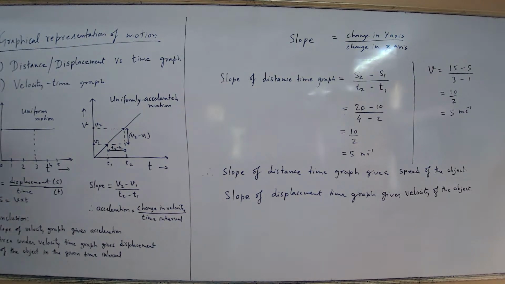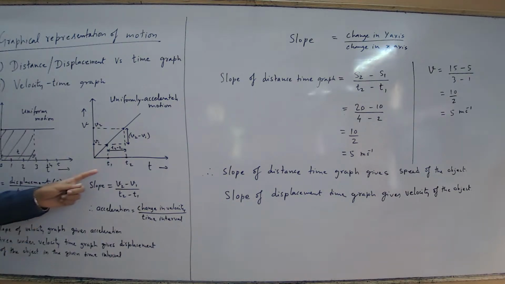Now this is your velocity V, and this is your time. So for this rectangle, the area of the rectangle, V into T, is the displacement. What is V into T? Area of the graph under this time interval. Okay.